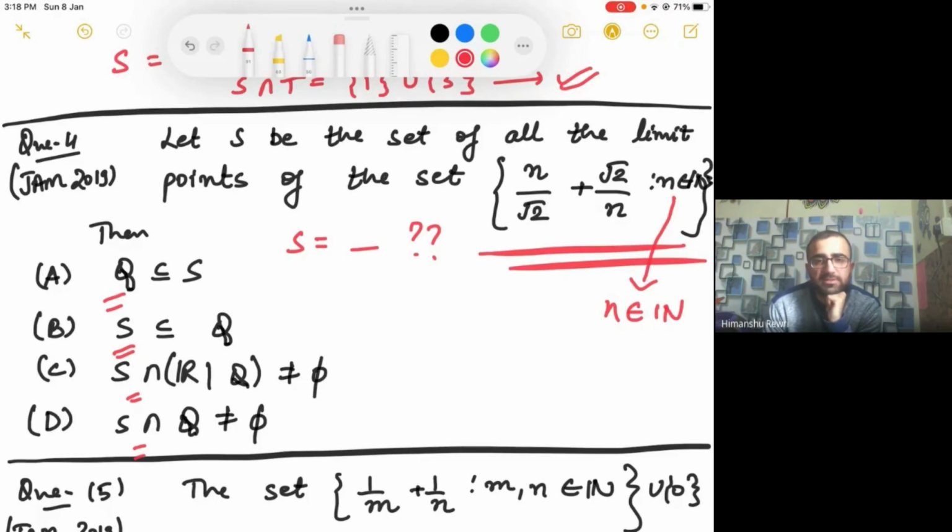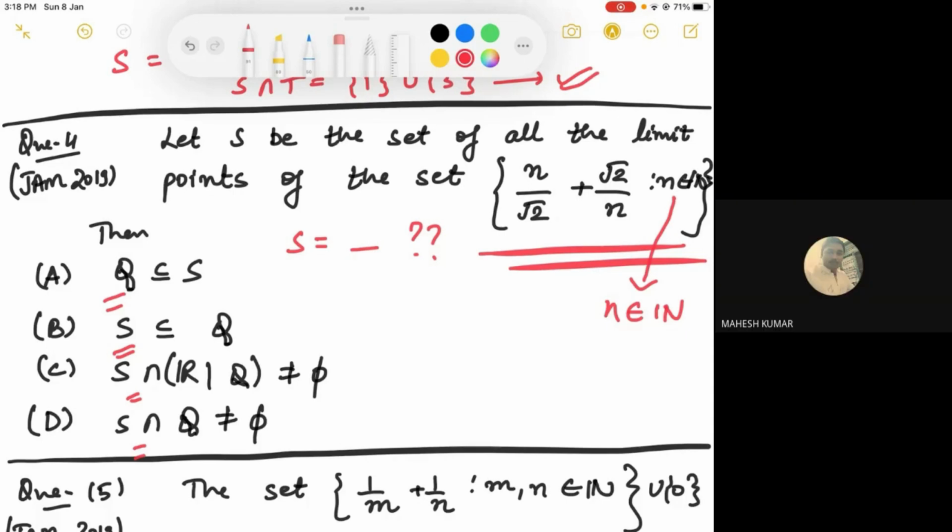Increasing sequence. Okay, fine. Infinite set.